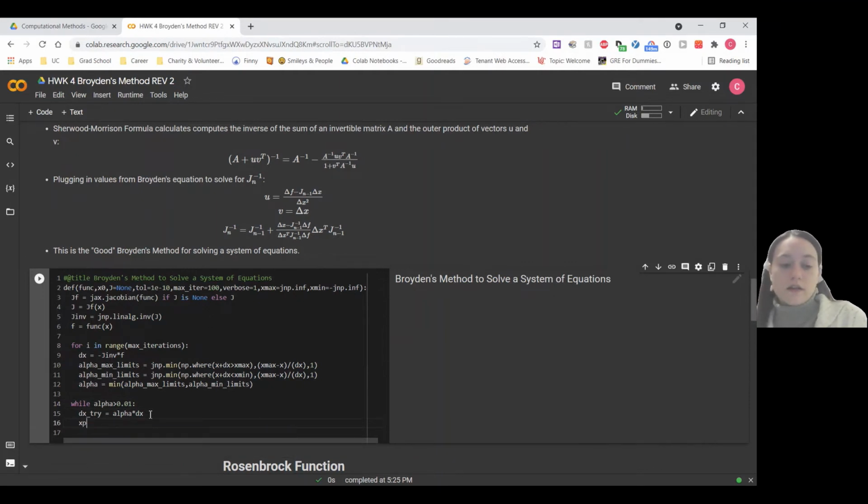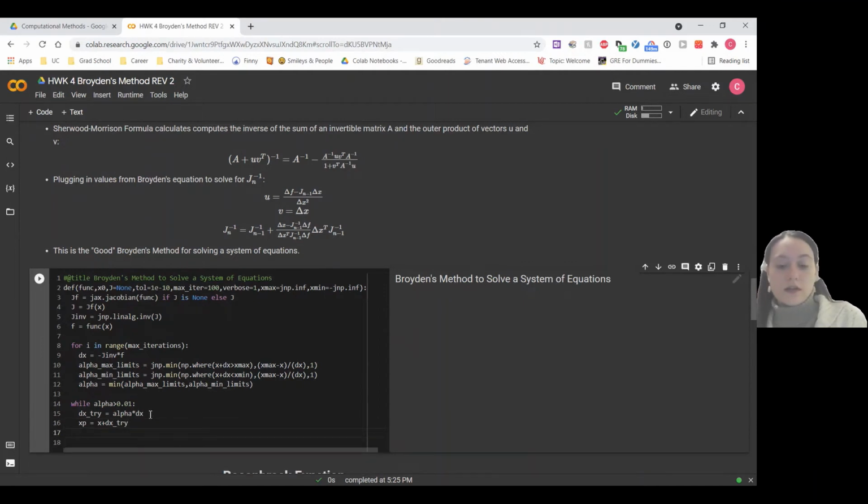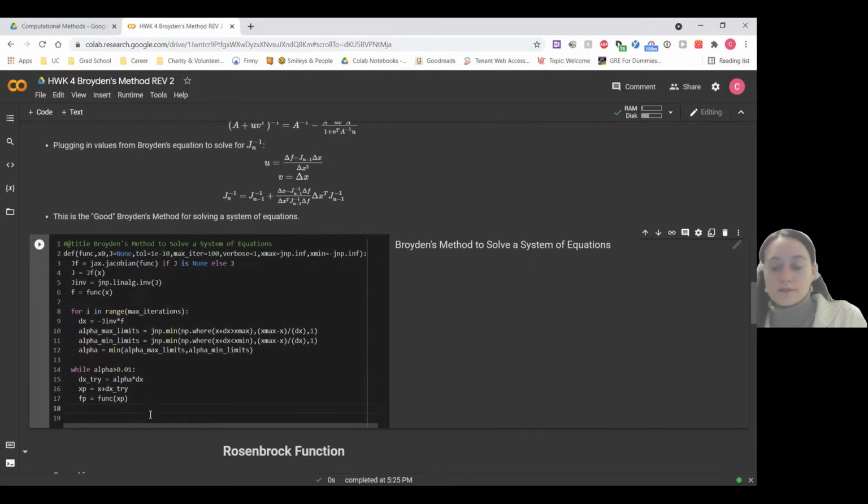So then this means that our updated value for x, rather than just being x plus dx, it'll be x plus dx, the dx that we're trying. And then from there, we can calculate our updated value for f of our xp value.